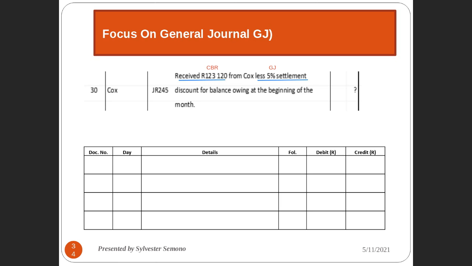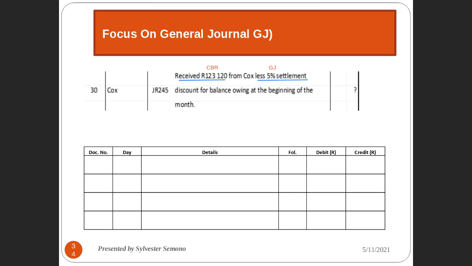So the 5% is the one that goes to the GJ. You need to be careful in the exam, but I know for this exercise, we don't have to. Remember, when you go to the CBR, you are going to record it under the bank. Under CBR, the main column is the bank. You will see this amount under the bank, and you also see it under the debtors control in the CBR. But we cannot record 123 under GJ.